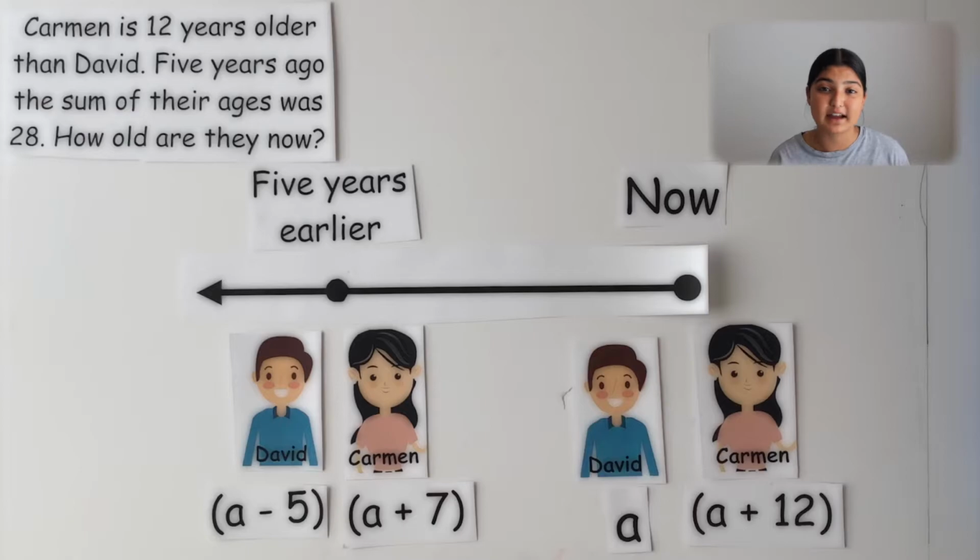Now, let's look back at the question. The question tells us that the sum of David and Carmen's ages is 28.